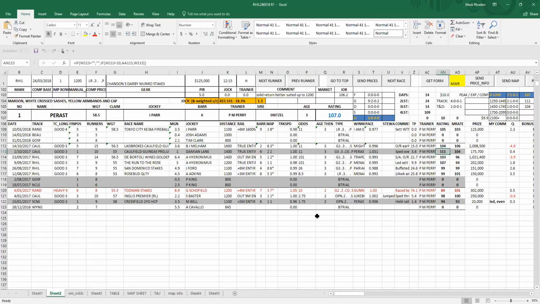Whether he'd be able to do that today over 1200 in a fast tempo would be questionable. And the big bold blue figure is the one I'm actually using to price. I've taken him back about 2 lengths from that 107, which was actually, to this point, his best rating over today's distance of 1200.